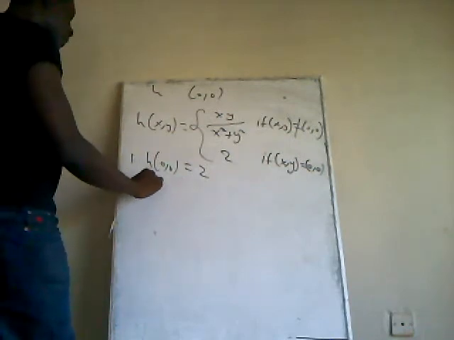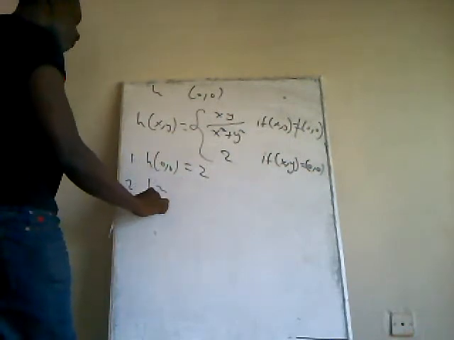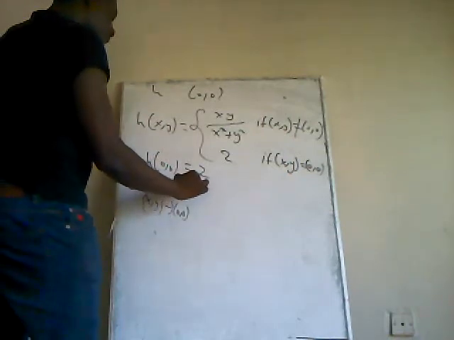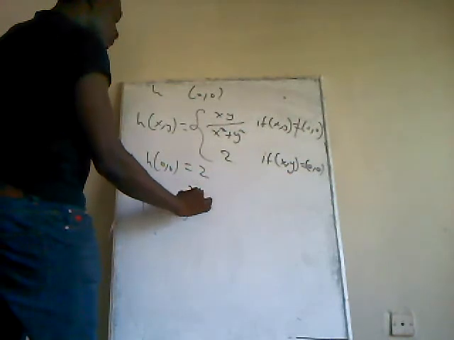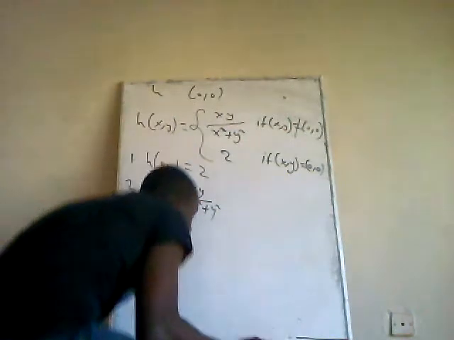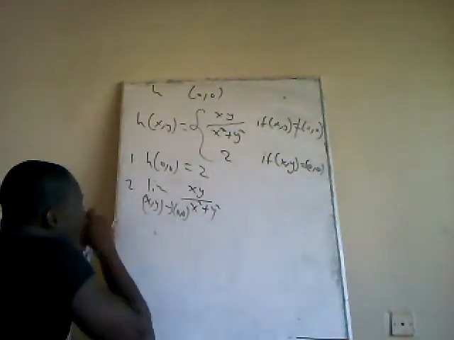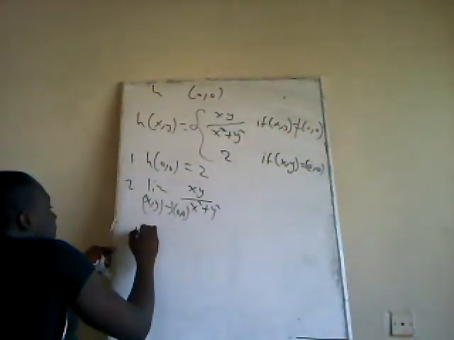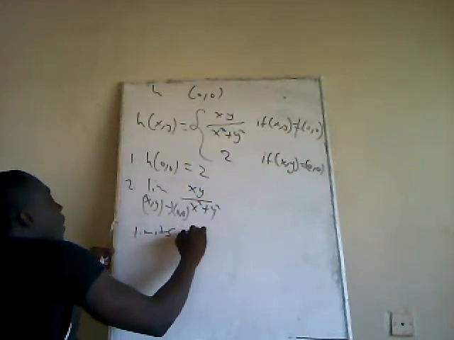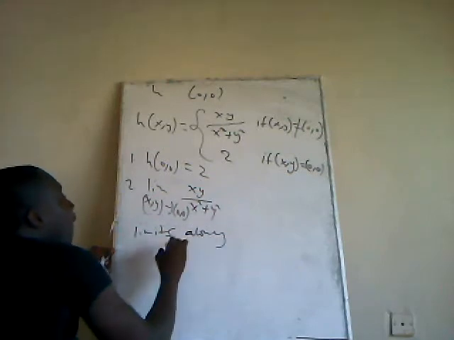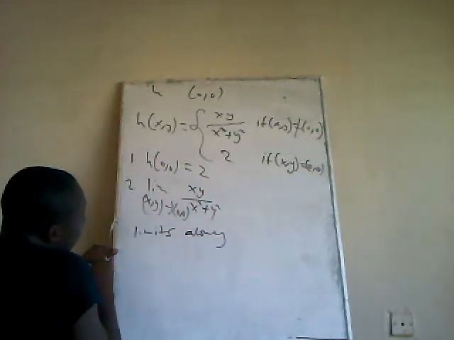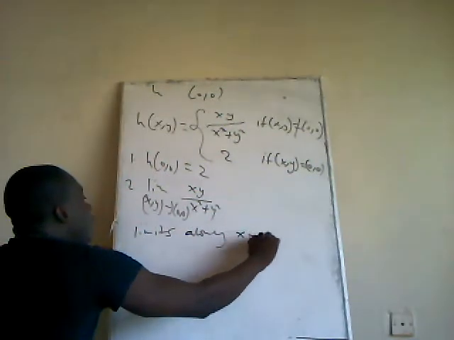2, we find the limit as x, y approaches 0, 0 of x y over x squared plus y squared. So we find limits along x equals 0.